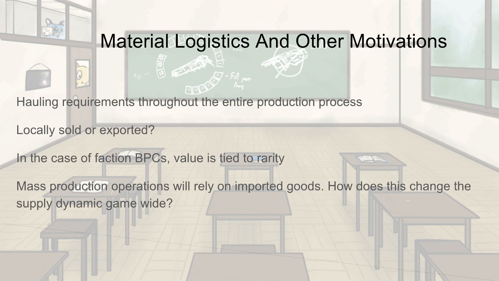All right, next one I'm going to be going over is material logistics and other motivation. All right, a lot of times when people are trying to think about how things move around, how things make it to JITA or Amara or anything like that, a lot of times people don't consider the hauling aspect.